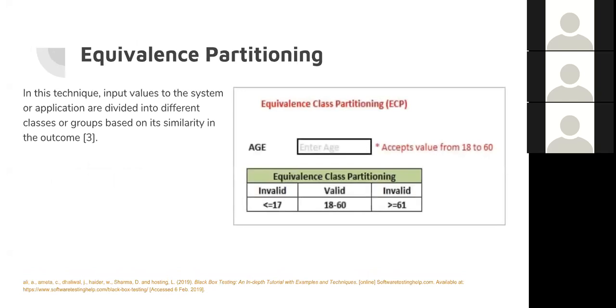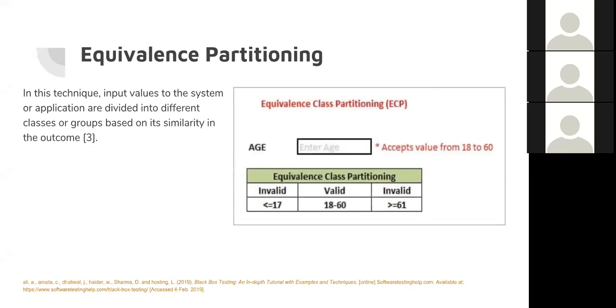So the first one is equivalence partitioning. Now, equivalence partitioning is meant to be more for dealing just with inputs and measuring them and then comparing them to a different class of outcomes, or seeing what the similarity is between the outcomes.